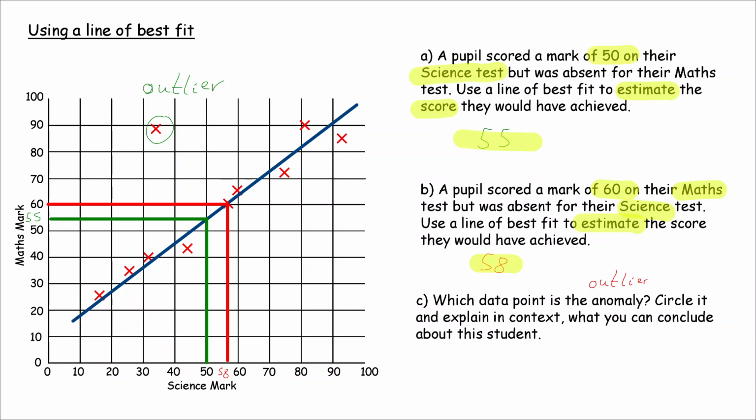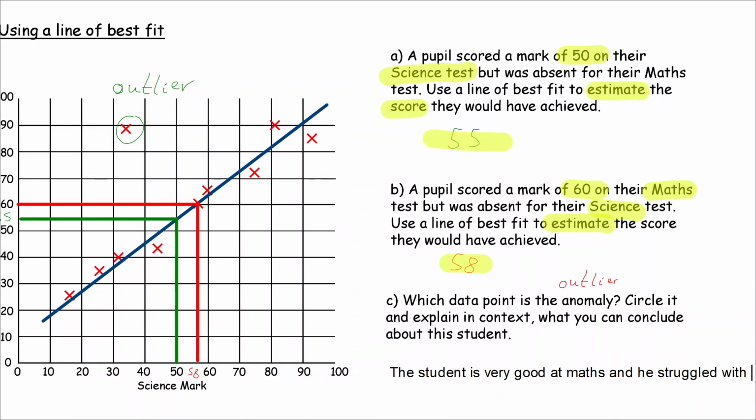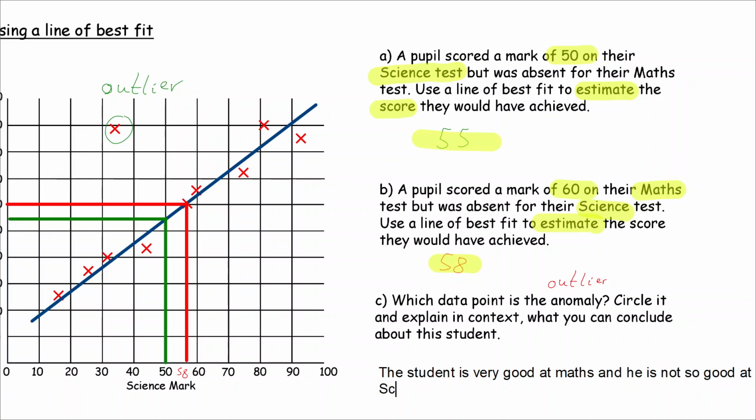So we can conclude, I'm going to type it up so it's a little bit neater. We can conclude that the student is very good at maths, because he had a high maths mark, and he is not so good at science.